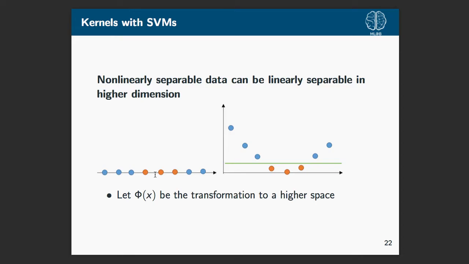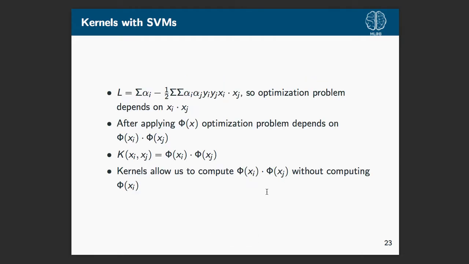Okay, so in this example, let phi of x be the transformation into the higher dimensional space. In both the hard margin and soft margin SVM problems, we said that the loss function depended on the dot product between pairs of the training points, right?